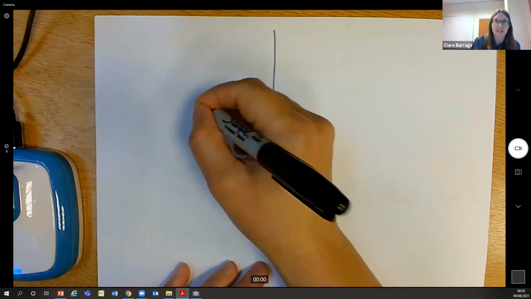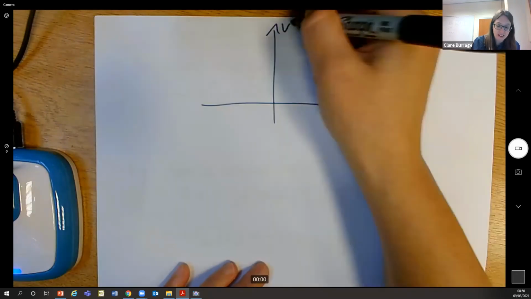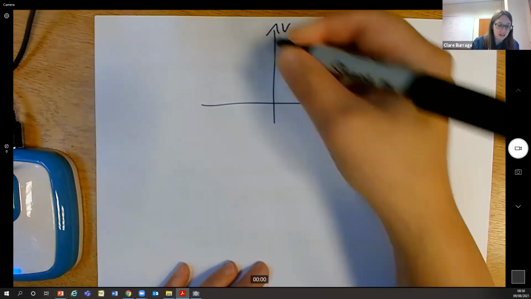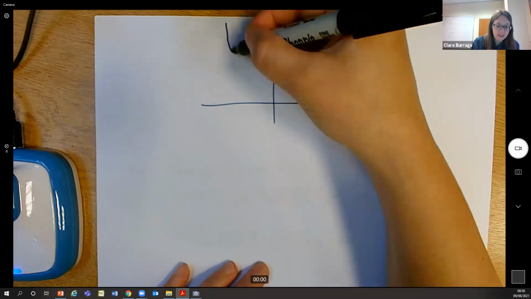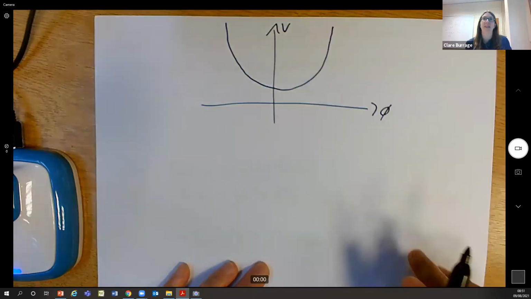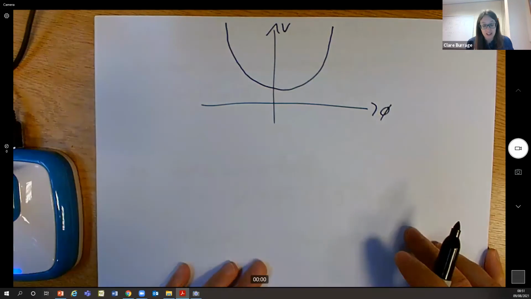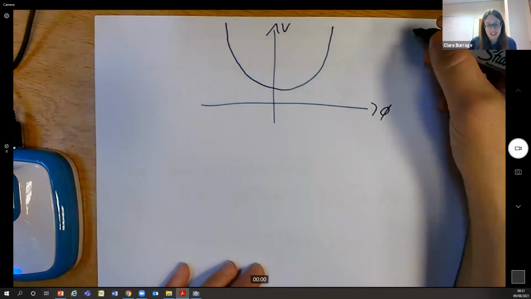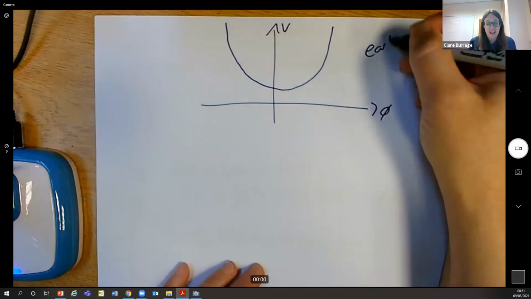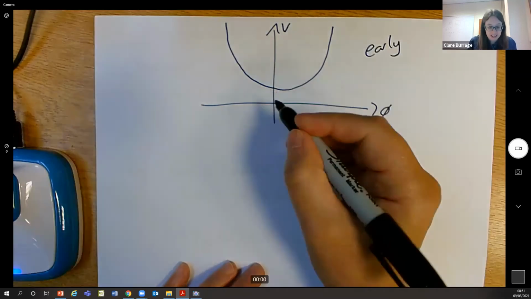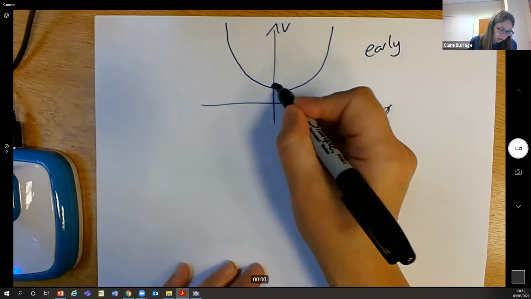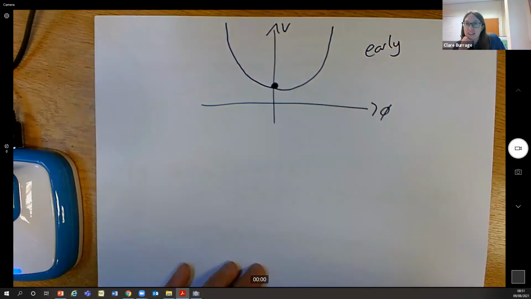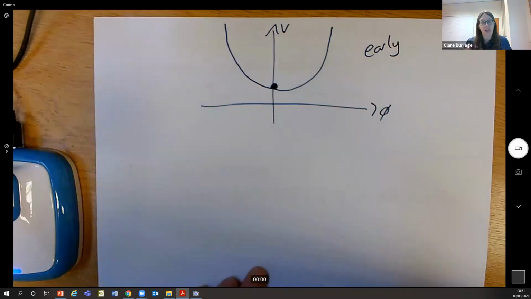The classic example of this is if our universe goes through some spontaneous symmetry breaking behavior. So maybe in the early universe the potential looks like this. And again, I haven't drawn this properly, but I'm imagining that my field is sat at 0 at the minimum of this potential.